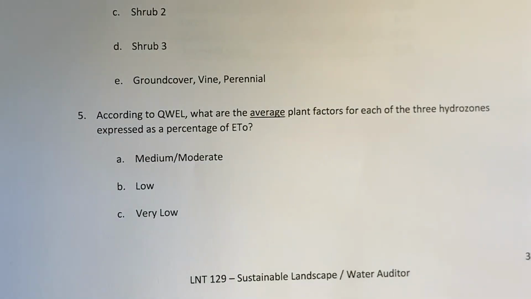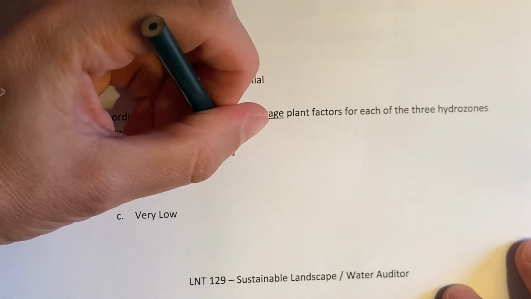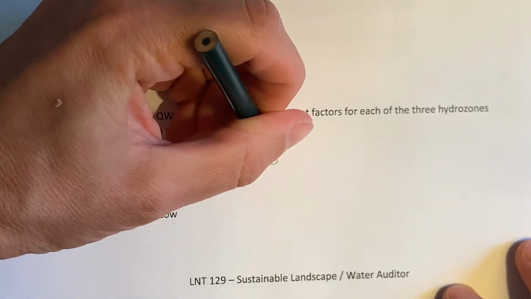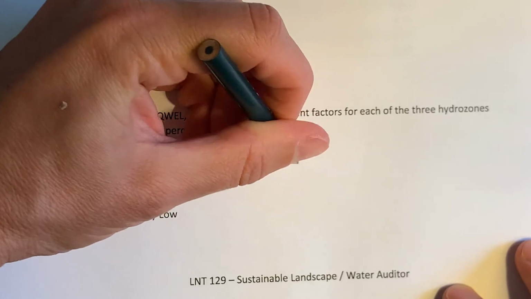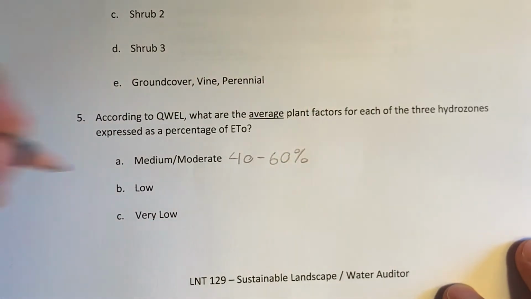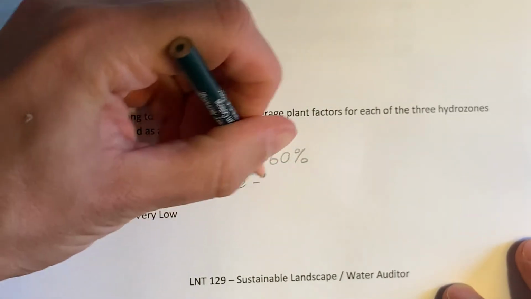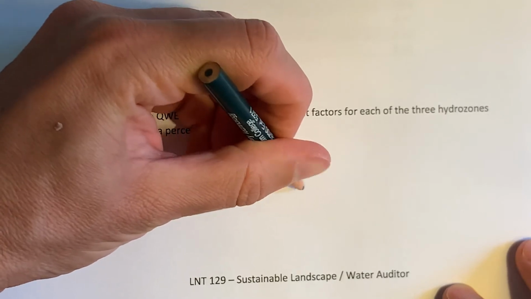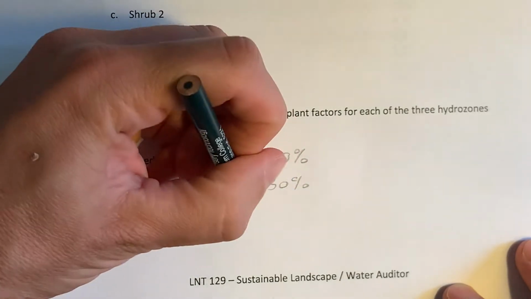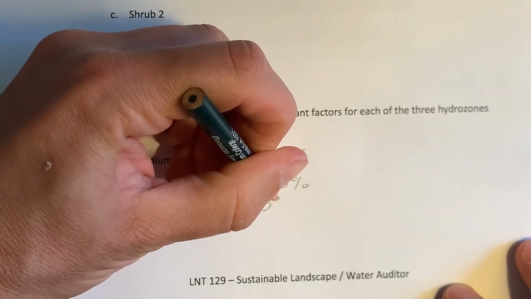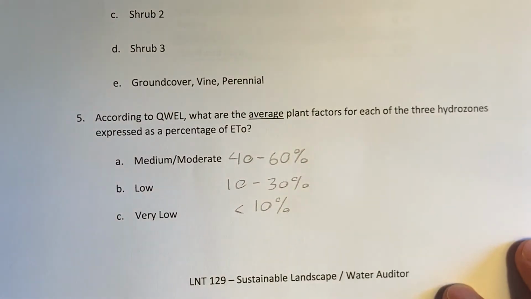According to WUCOLS, what are the average plant factors for each of the 3 hydrozones expressed as a percentage of ETo? Moderate to medium is 40 to 60%. Low is 10 to 30%. Very low is less than 10%.